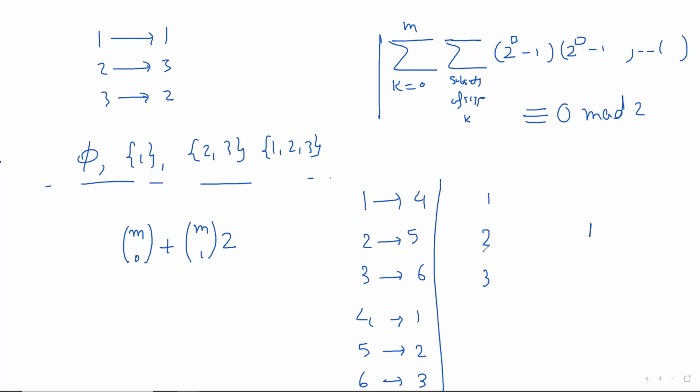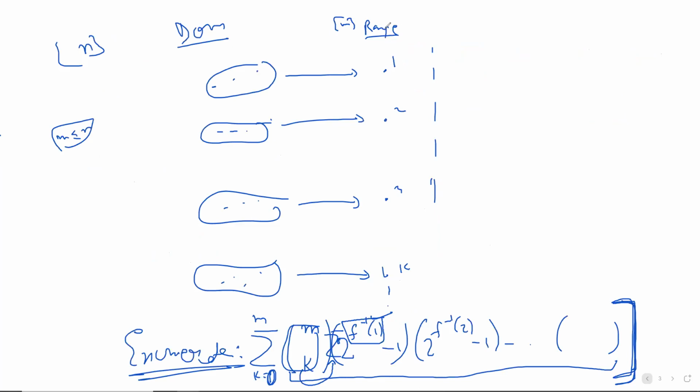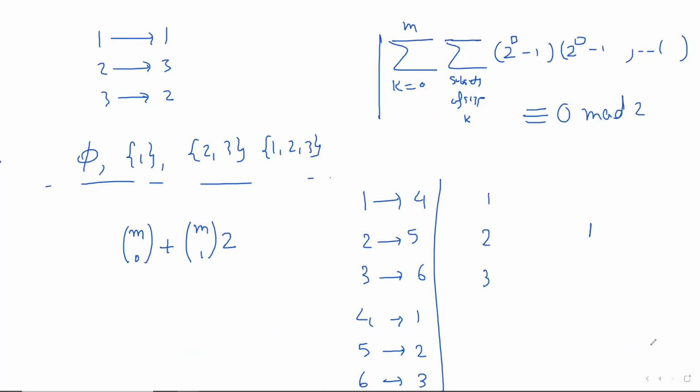Okay, wait. Now I think something is there. We said that in the codomain, the codomain is not important, only the range is important. So we can forget it, right? That also we have cleared out.